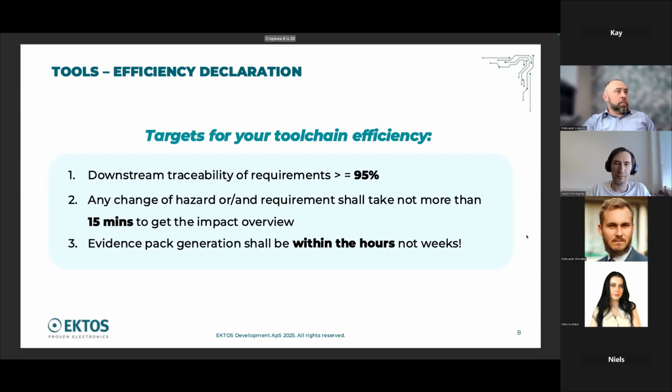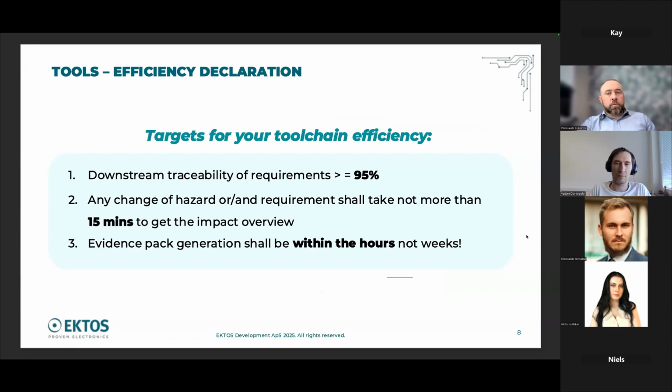So how do we make sure that the tools we have are efficient? Well, first of all, I try to come up with my vision, and this is also an industrial practice target. First of all, we want to have downstream traceability of requirements to be greater than or equal to 95%, meaning that we want to have all the requirements traceable and down-traced to all the architectural or implementation details.